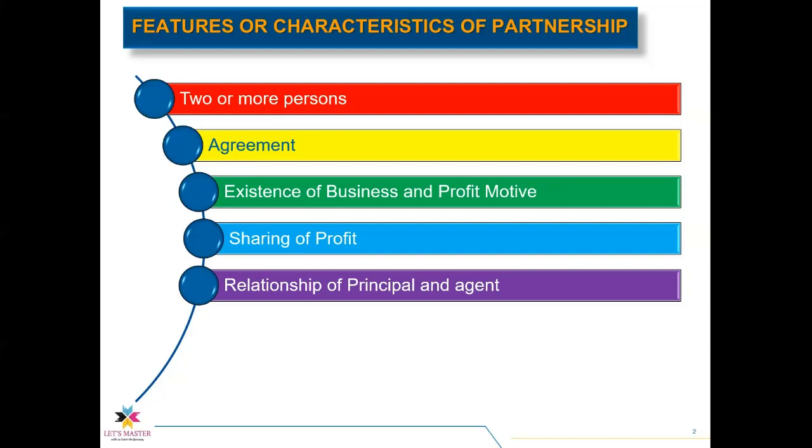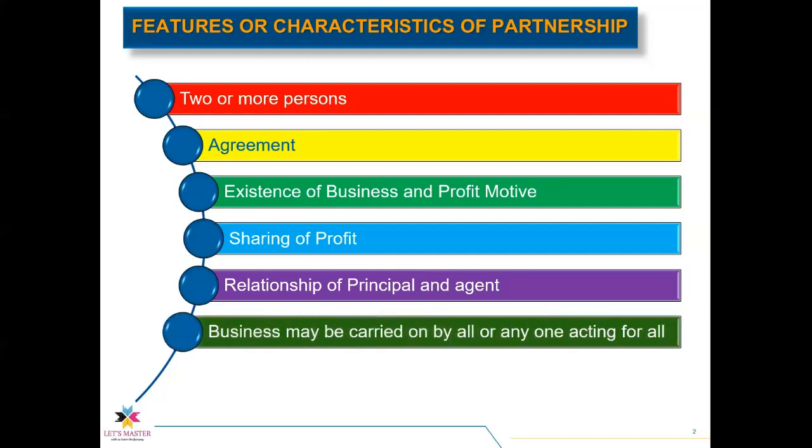So there is a relationship of principal and agent, and in this case, the partnership firm is the principal, and the partners who are authorized to do signatures on behalf of the partnership firm or to enter into contract with a third party on behalf of the partnership firm are the agents.